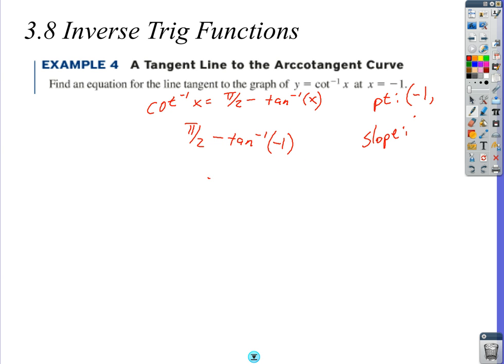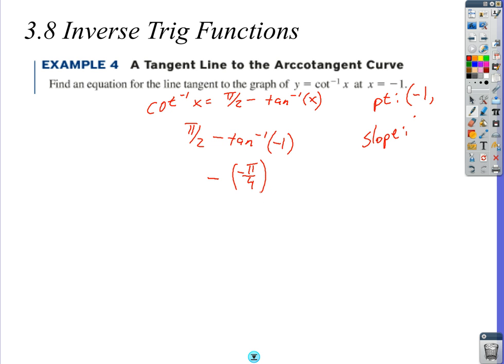What makes this confusing is that you have to realize where your calculator is going to spell out the right answer, and you have to know where inverse tangent's range is. Again, don't freak out. This doesn't show up on the AP exam, but you need to try and understand this as far as just good math. So tangent inverse of -1 is going to be negative pi over 4.